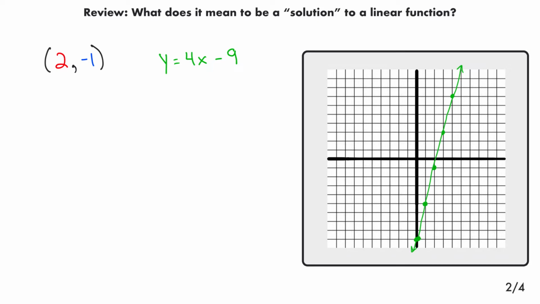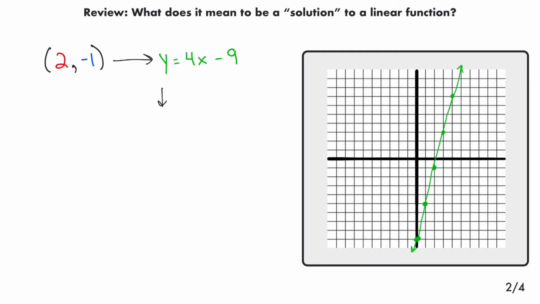That graph is a visual representation of all of the answers that work. If you plug in 0, negative 9 into this equation, you would get a true mathematical statement. If you want to determine if a given coordinate is a true mathematical value for that equation, you take that coordinate and substitute it into the equation.